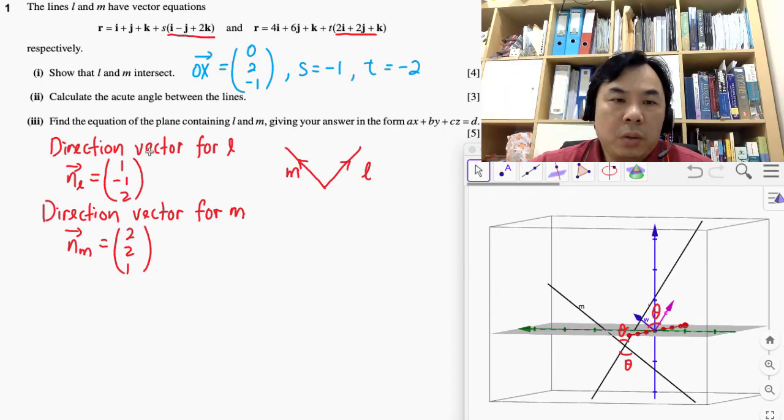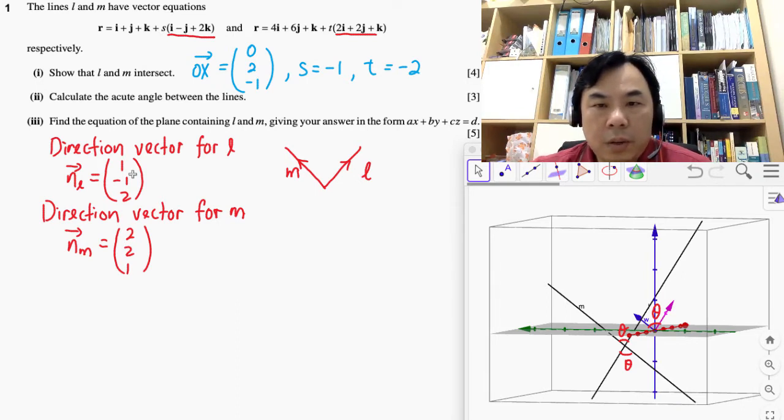Now we are going to make use of these two. Just a bit of recap: the tool that we're going to use is called the scalar product.